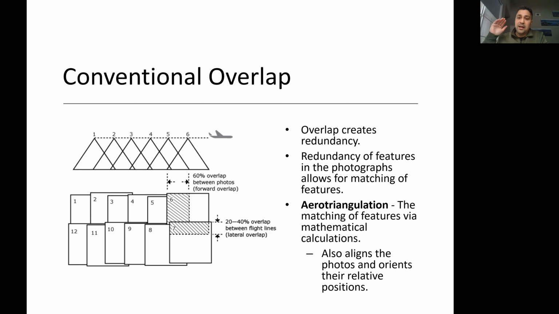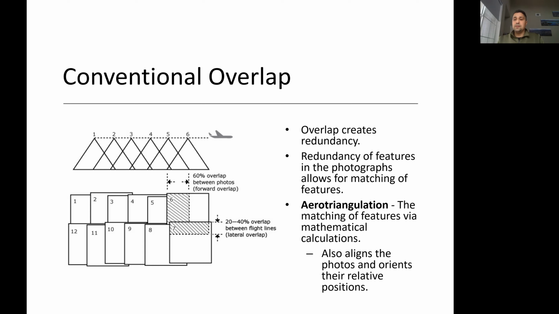As a platform is flying, our pictures are being taken in a sequence, boom, boom, boom, boom, boom, in a very precise manner and in very straight lines. The drone's not going to be wiggling back and forth, and the camera is going to be in that nadir position the entire time.